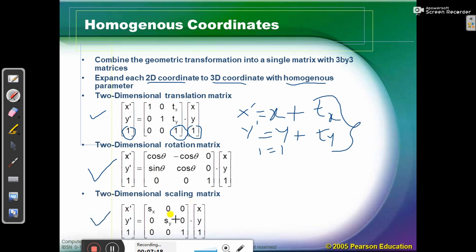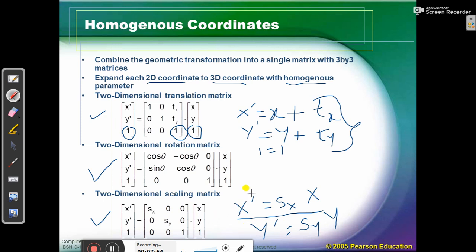If you multiply, x dash equals sx into x plus 0 into y plus 0 into 1, and y dash equals 0 into x plus sy into y plus 0 into 1, and 1 equals 1.